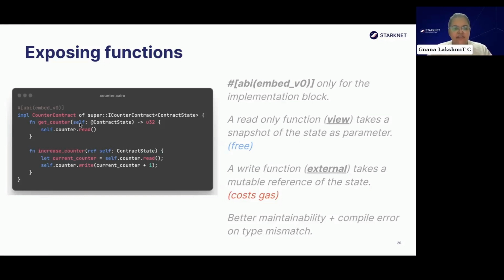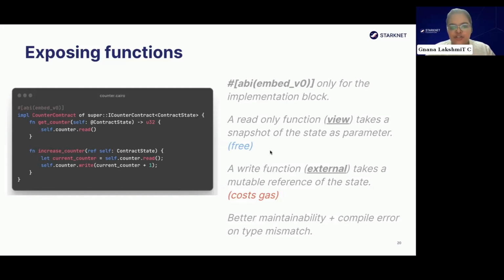This self says that I want to access the contract state of this particular contract, which includes your storage variable, right? But I don't want to manipulate it. I just want to read it. So I'm going to access a snapshot of the contract state. The at refers to a snapshot.